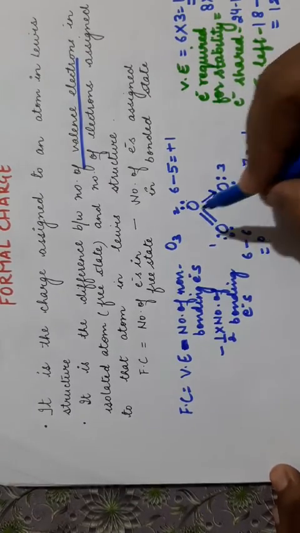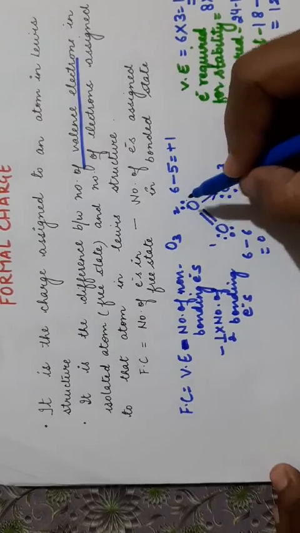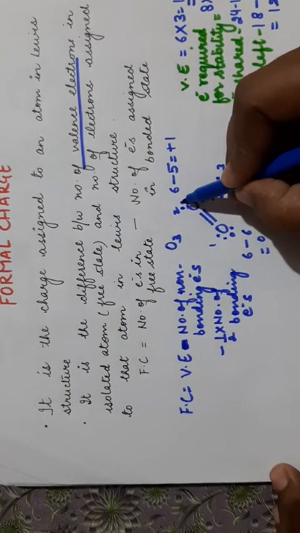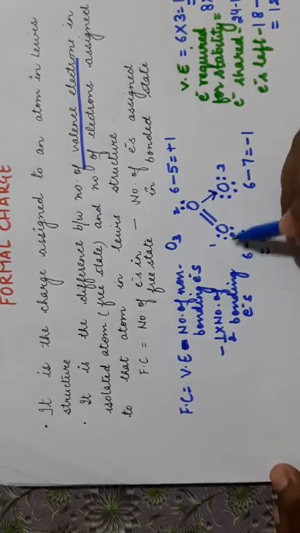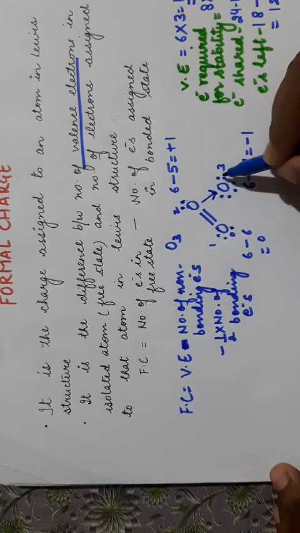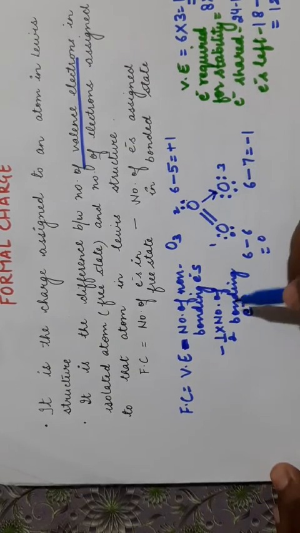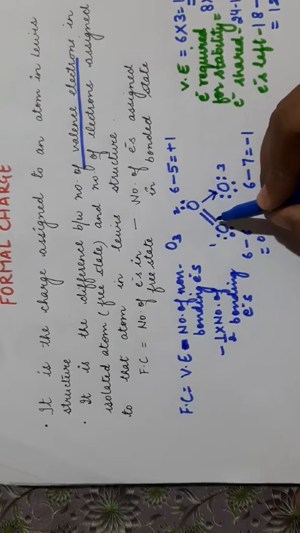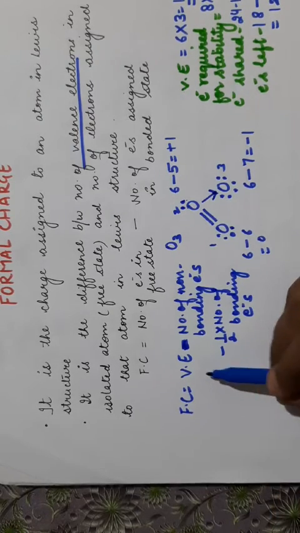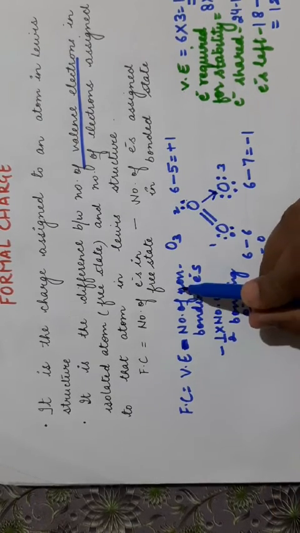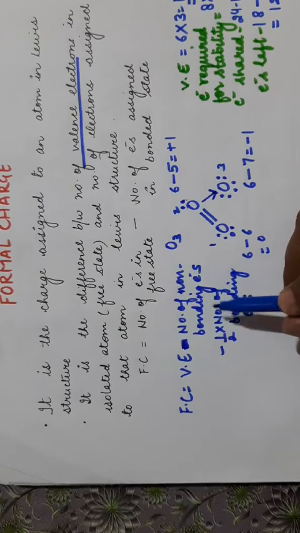What are non-bonding electrons? Non-bonding are those which are not making a bond. Here 2 electrons are there, non-bonding electrons. Here 4 electrons are non-bonding electrons. In this there are 6 non-bonding electrons. What are bonding electrons? Bonding electrons are those which are shared. So this is the formula: valence electrons minus the number of non-bonding electrons minus half the bonding electrons.